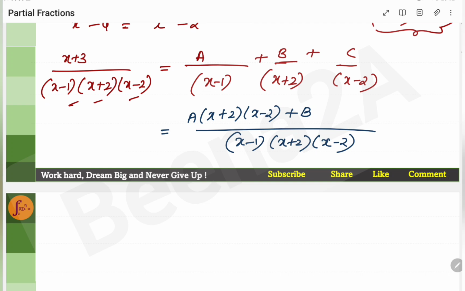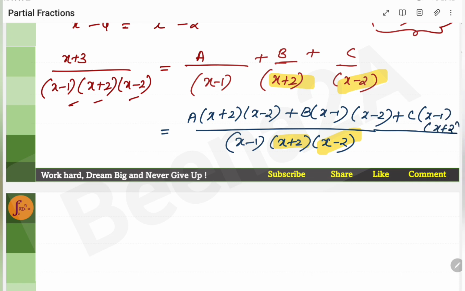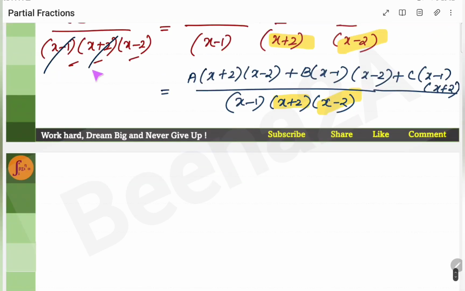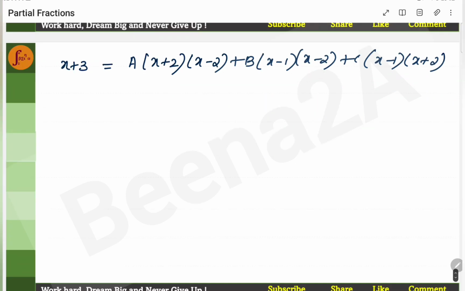Then I have to multiply b, with x plus 2 already there, by the remaining terms, which is x minus 1 into x minus 2. Then c, with x minus 2 already there, by the remaining terms, which is x minus 1 into x plus 2. So denominators will get cancelled, and I'll get this expression.